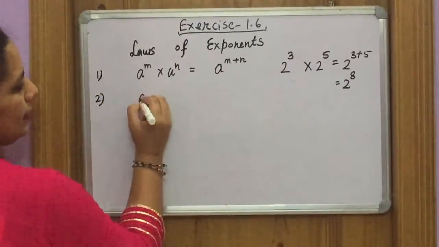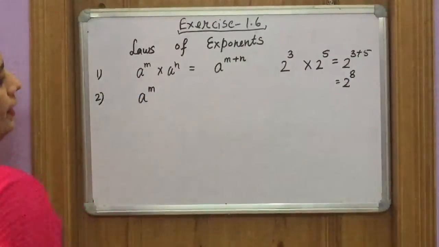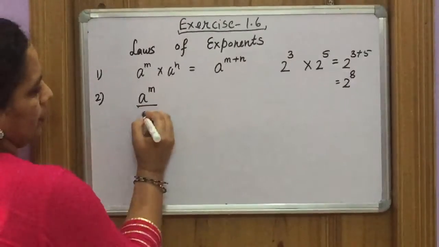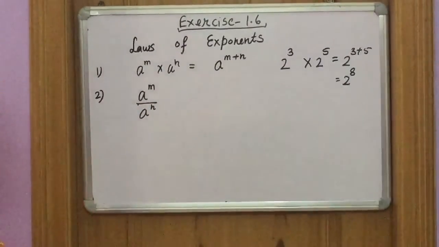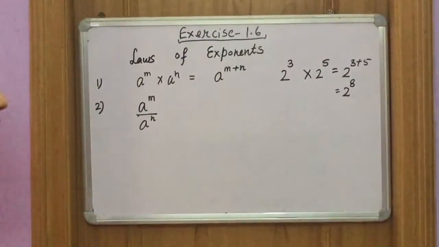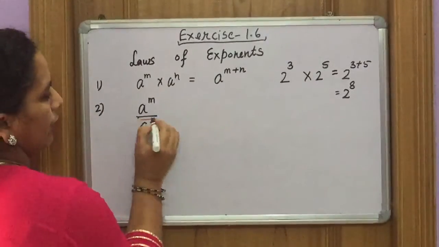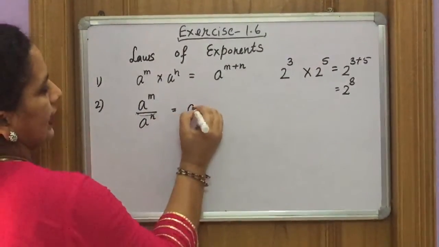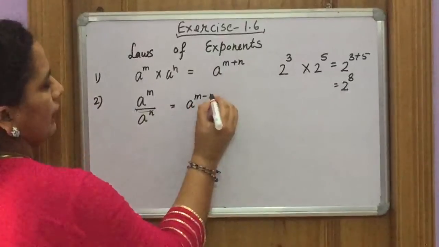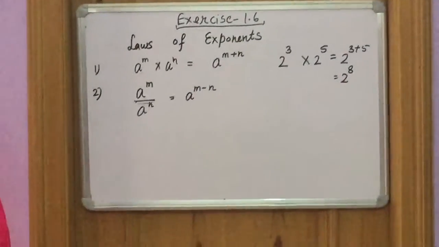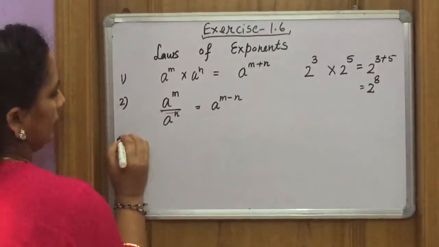Second is, if we have same term but in the sign of denominator, if we have sign of divide, then it will be equal to a raised to power m minus n.